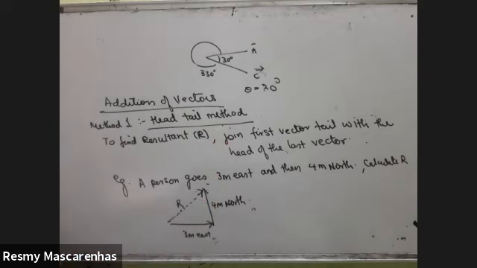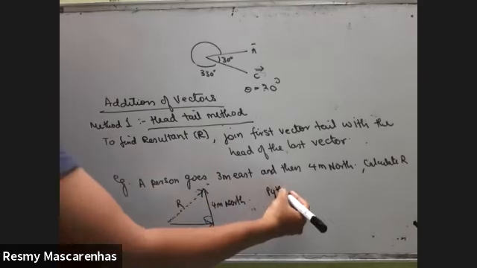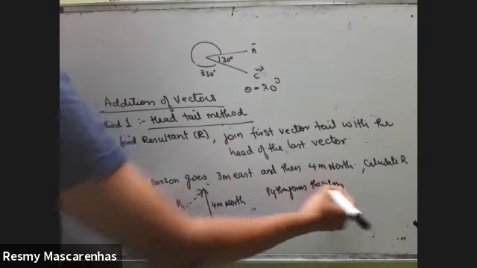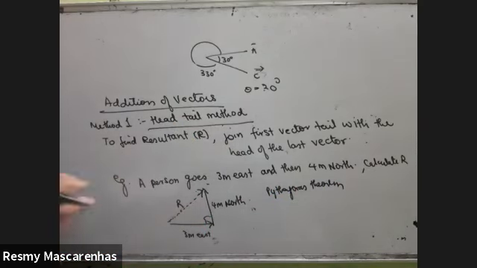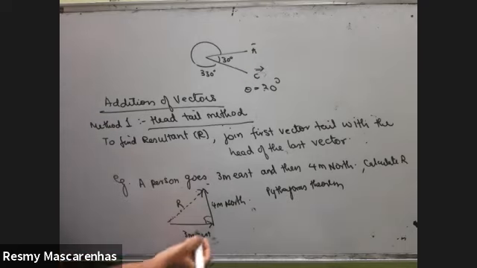How to calculate this? Obviously, over here you can use Pythagoras theorem. Yes, Pythagoras. So whenever you have a 90 degree, that time you can always use this head tail method. Later we'll see when there's no 90 degree, you cannot use Pythagoras. Then you have to go for the next type of method that will be called as parallelogram method. So here you can directly calculate.